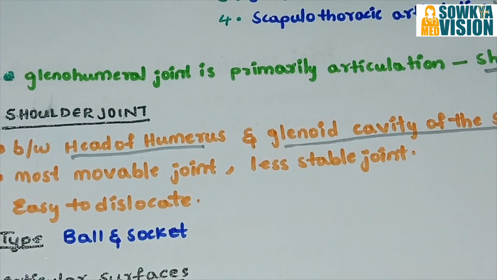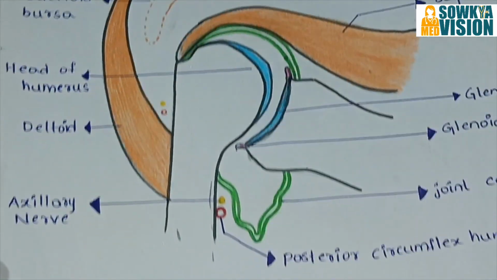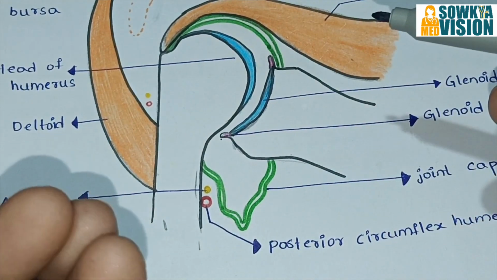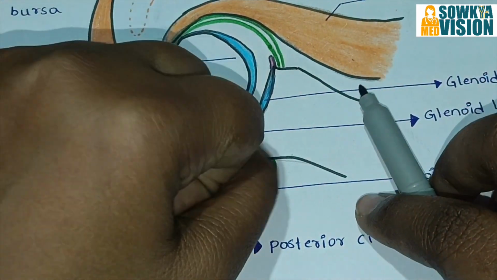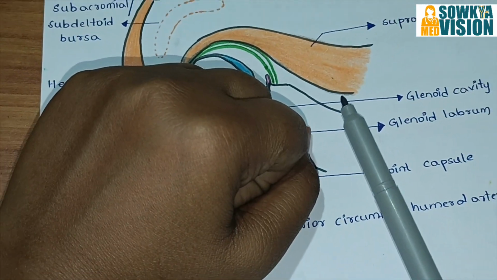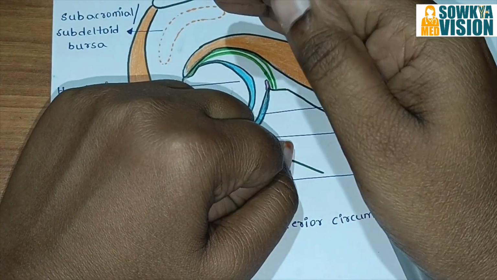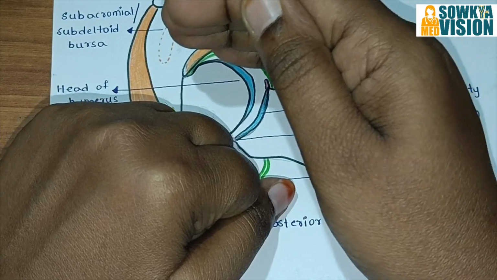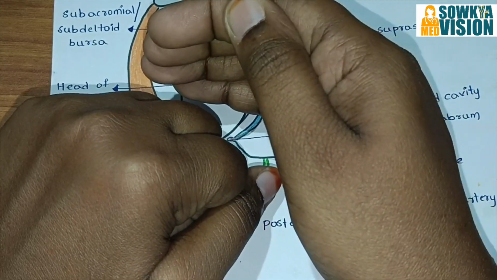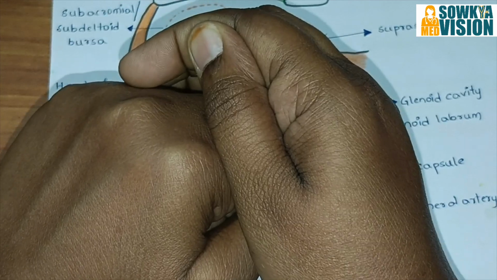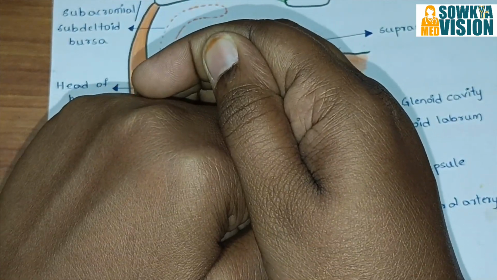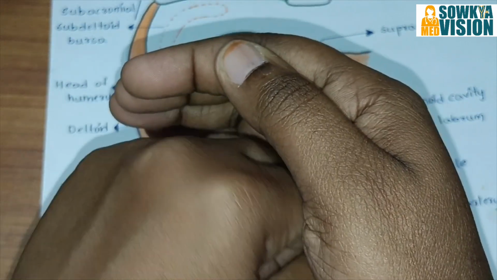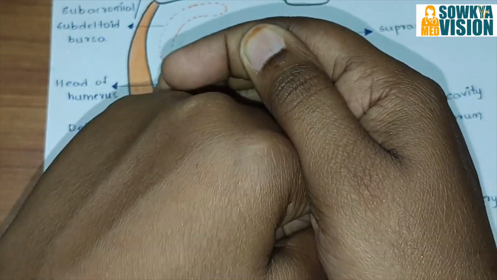Why is it the most movable joint? As we know, the glenoid cavity is very small. See, this is the head of the humerus and this is the glenoid cavity. The head of the humerus is very large, so the glenoid cavity is not capable of holding the large head of the humerus. In that way, the head of the humerus is easily movable in the small glenoid cavity.